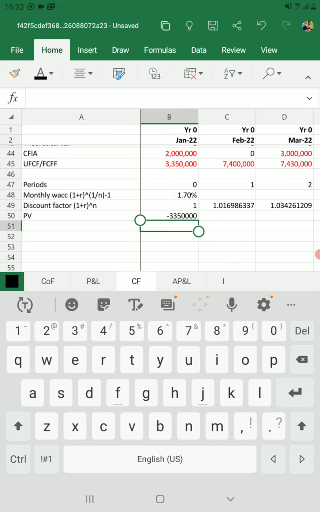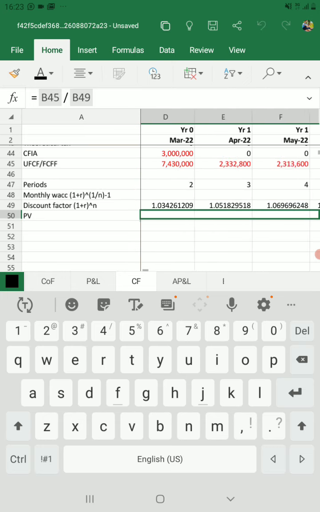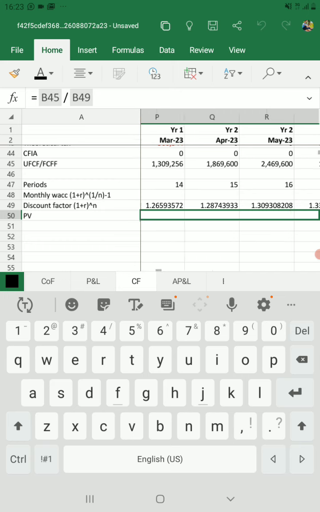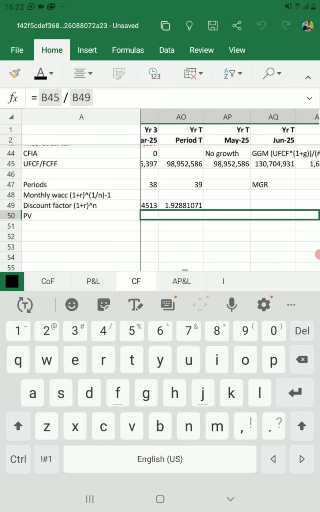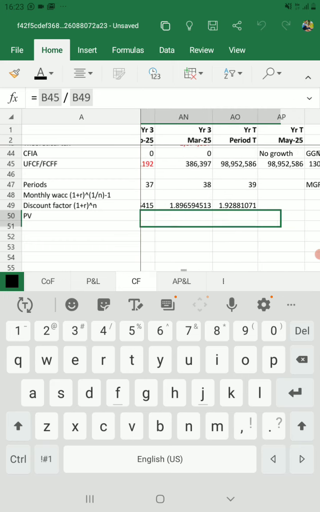Press enter. Let me copy this format here, and then tap to fill this at the end of the projection period, which is here, period T.